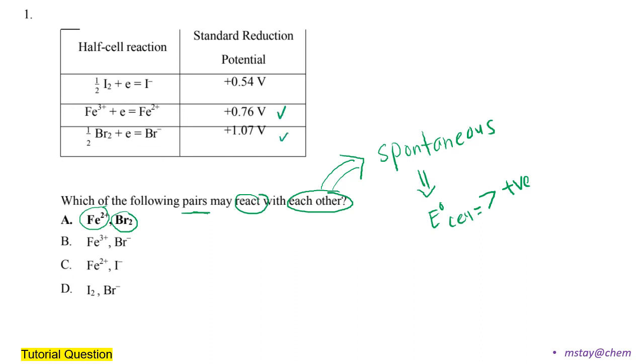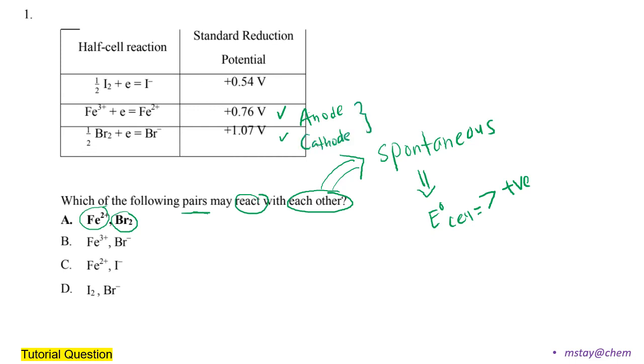In this case, Fe2+ will undergo oxidation, so it becomes the anode because Fe2+ is the reactant. Br2 will become Br-, so it undergoes reduction, and this one will be the cathode.